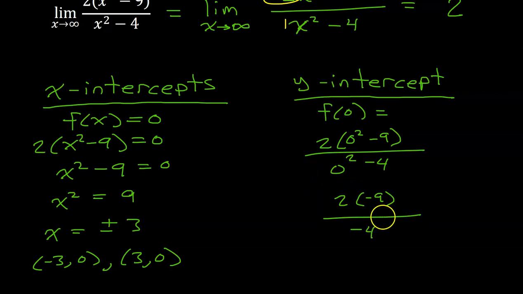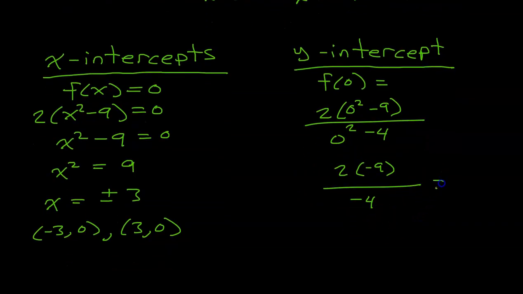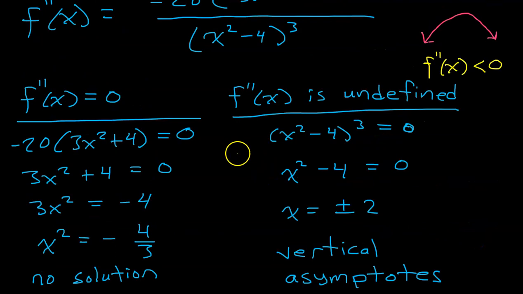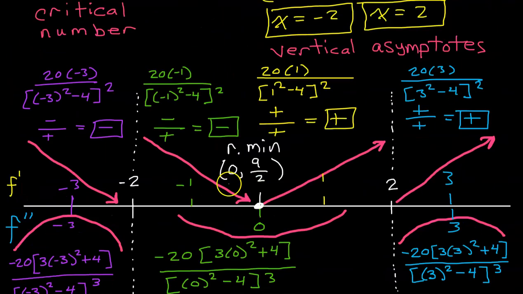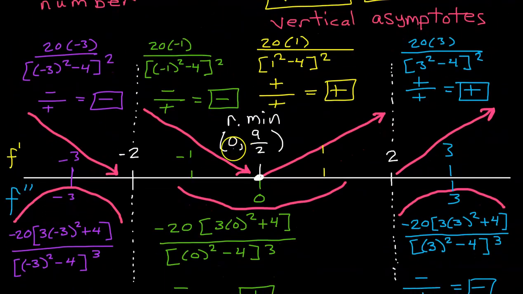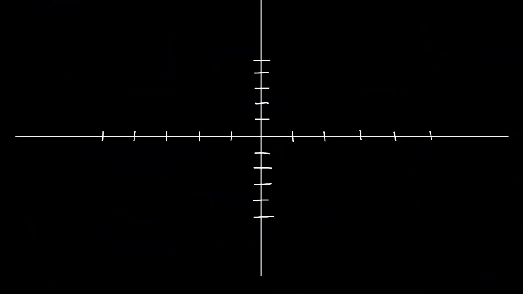This is reminding me that this is the y value that we got for the relative minimum. We got negative 18 over negative 4, which reduces down to 9 over 2. But if we can scroll up really quickly, that's a lot of scrolling, we really already knew that this would be the y-intercept because of the 0, comma, something. You know that's the y-intercept.